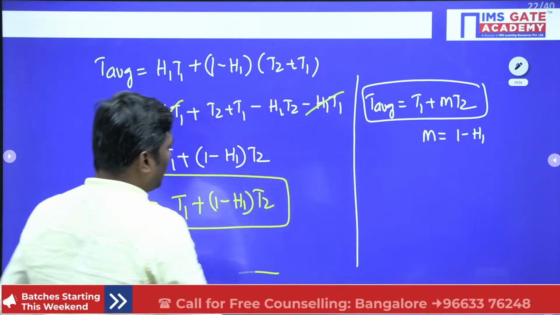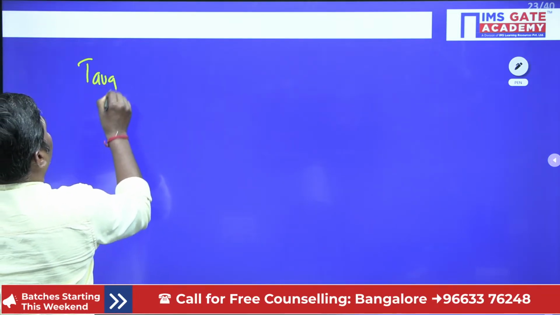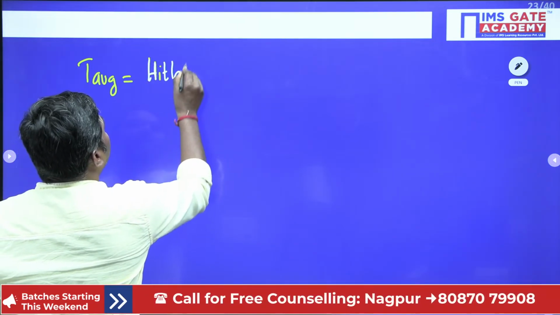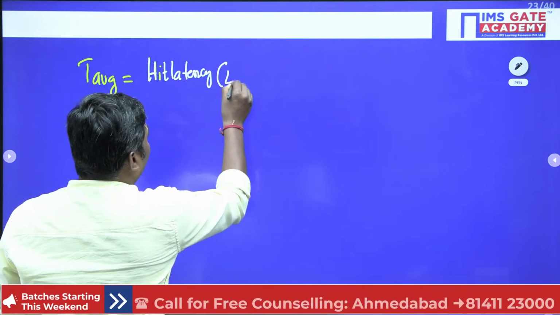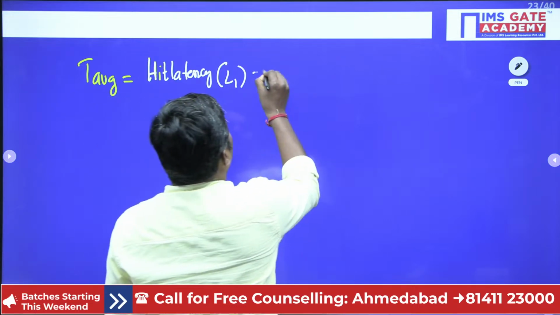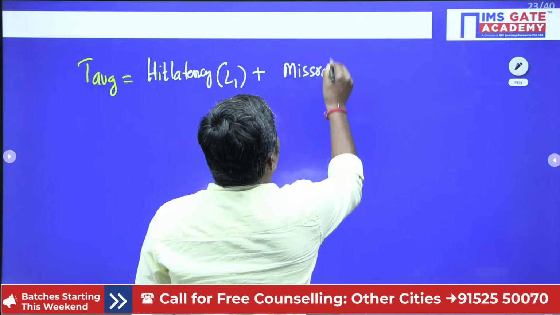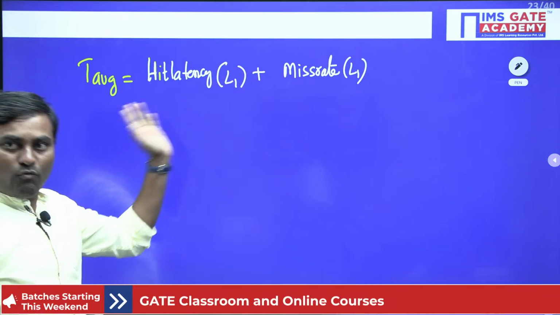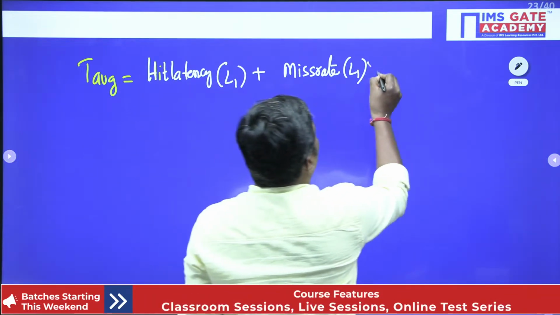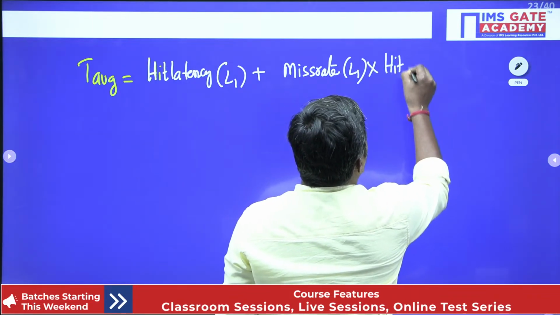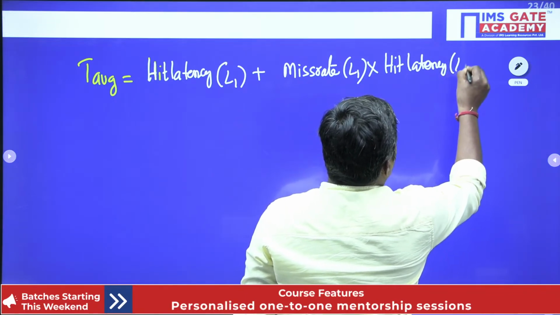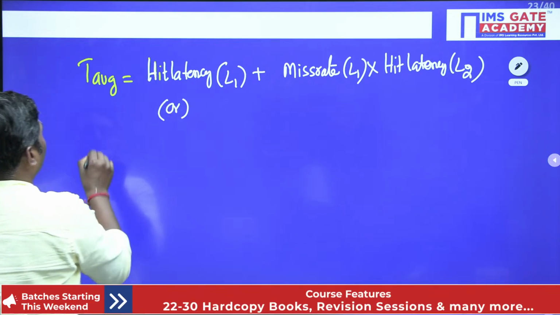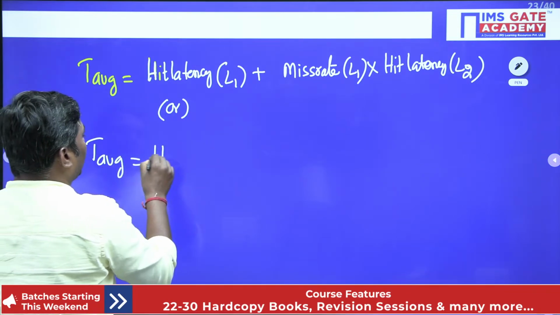Even another way we can write this. I will rewrite again. T average time equals hit latency of L1, plus miss rate of L1, because the miss occurs in level 1. 1 minus H1 is the miss rate of L1, into the hit latency of L2 also, because it occurs in level 2.